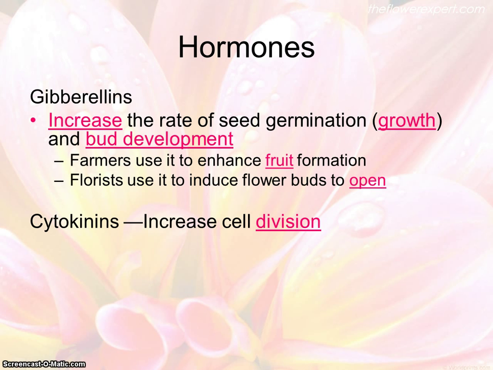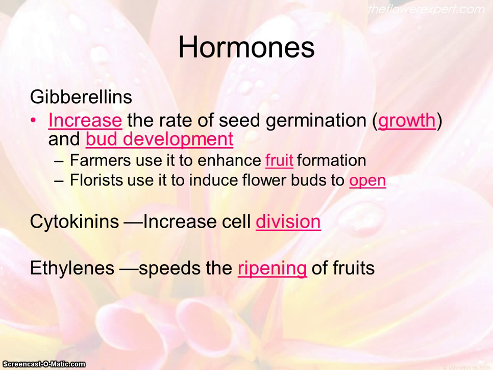Florists, when they're ready to sell their flowers during Easter time or during Valentine's Day, use these to get those flowers produced in large quantity, maybe to manipulate the color, that type of thing. So those hormones would be used for this.